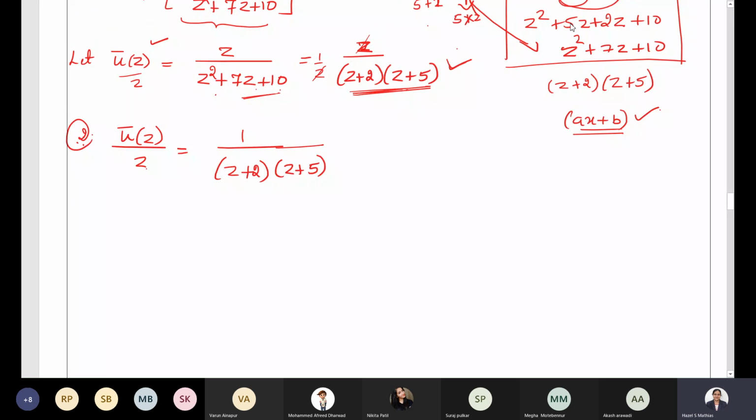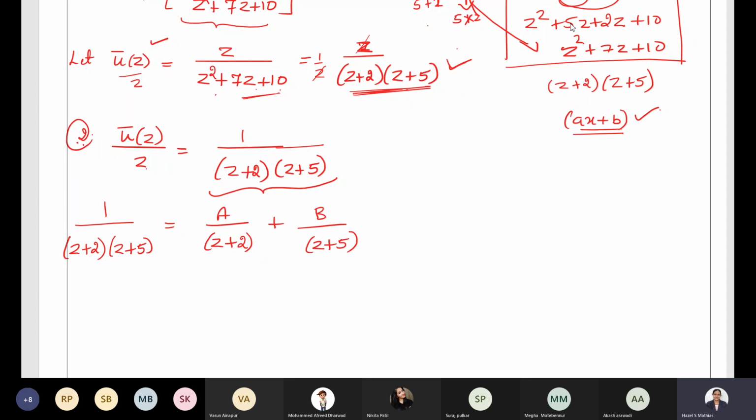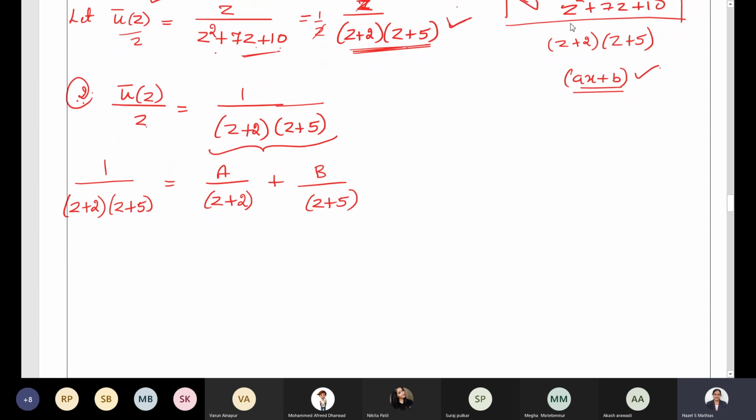Now apply the method of partial fractions to the term on the right hand side, that is 1 divided by z plus 2 into z plus 5, that is equal to what? A divided by z plus 2 plus B divided by z plus 5. This is how you split them by the method of partial fractions. Then multiply the entire expression by z plus 2 into z plus 5.